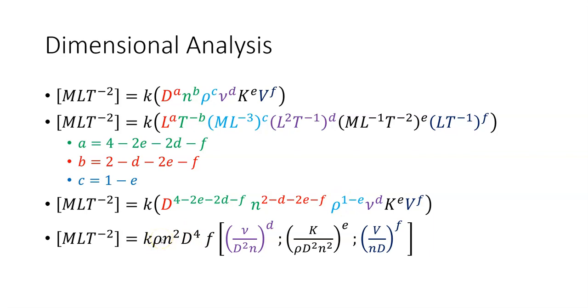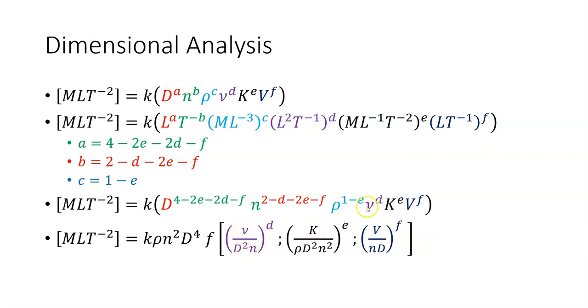So if we look at the coefficients then with d, okay, so we had nu to the power of d, and then we had the diameter here to minus 2d, so that's minus 2d, and we had n here to the power of minus d, so that's just n to the power of d. So grouping the powers to d, that's what I get.